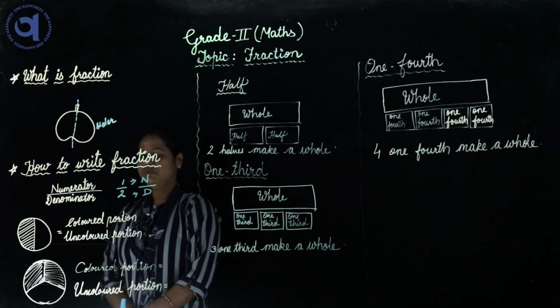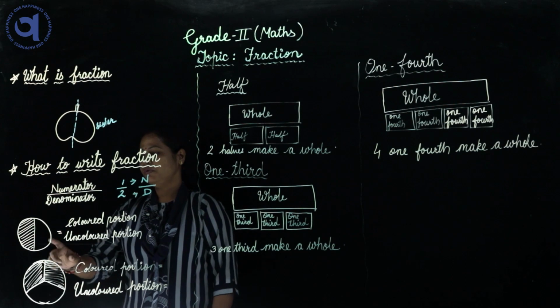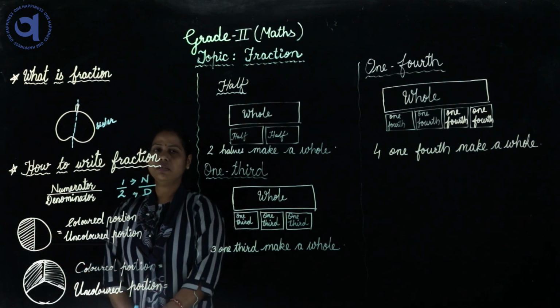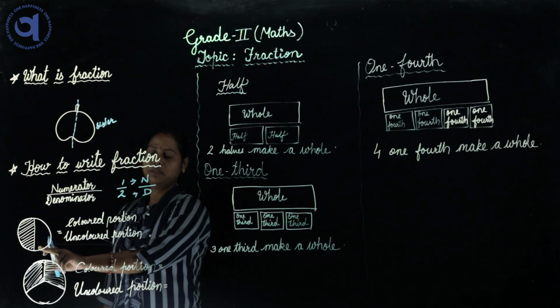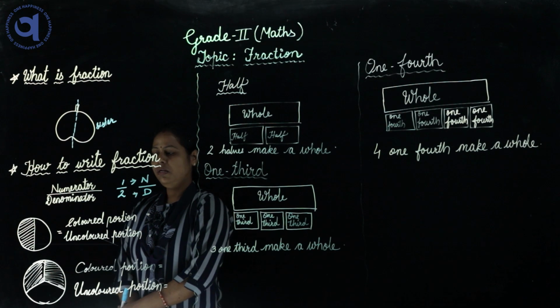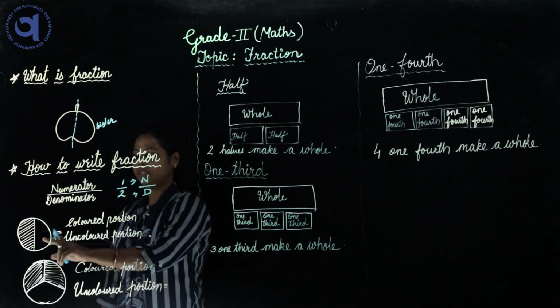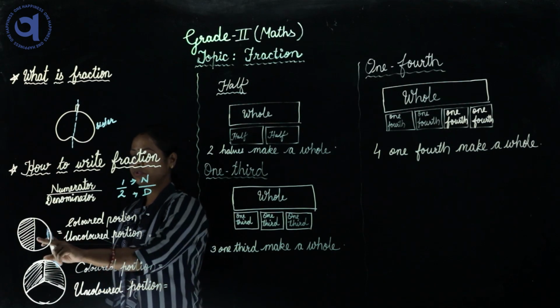Now how to find fraction from a given figure? For example, this is a circle and the circle is divided into two equal parts. One part is colored and another part is uncolored. Now, if you find the fraction of colored portion, how to write the fraction of colored portion?